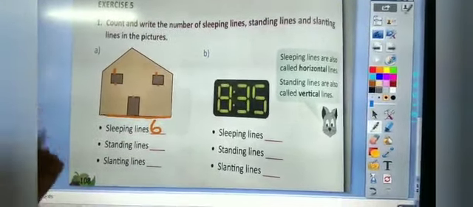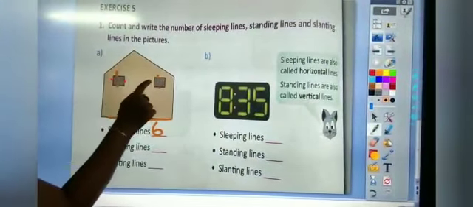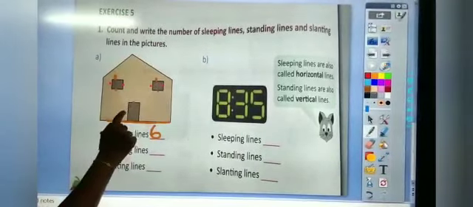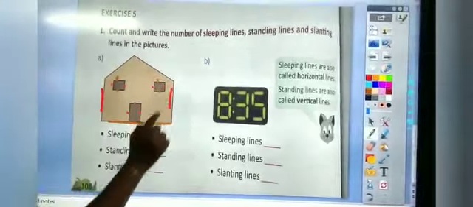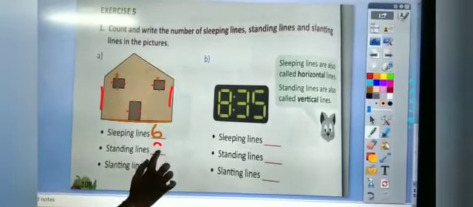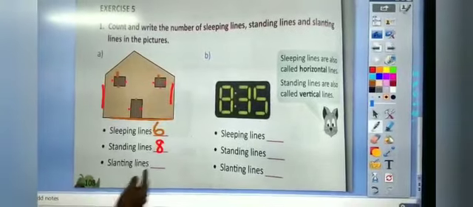And standing lines. For the standing lines, I used a different color. 1, 2, 3, 4, 5, 6, 7, 8. So how many standing lines? 8 standing lines.